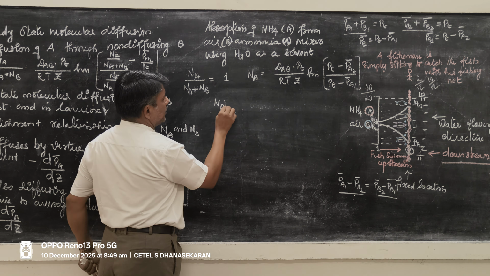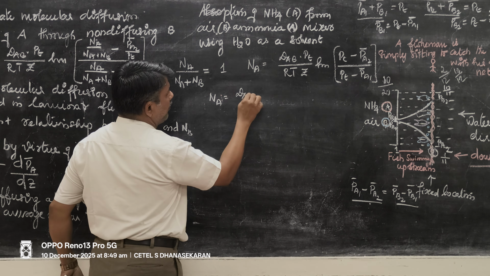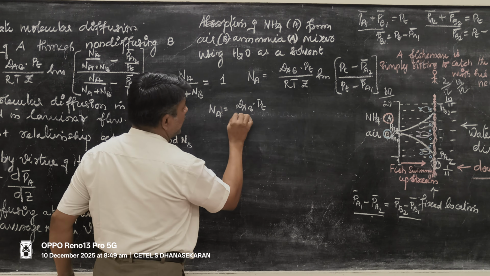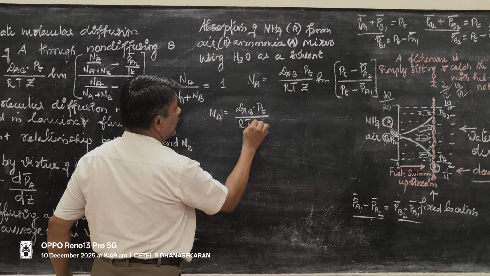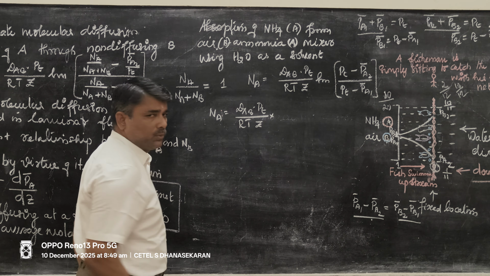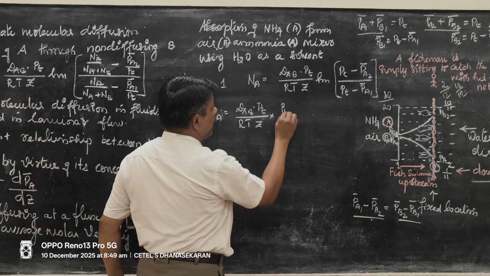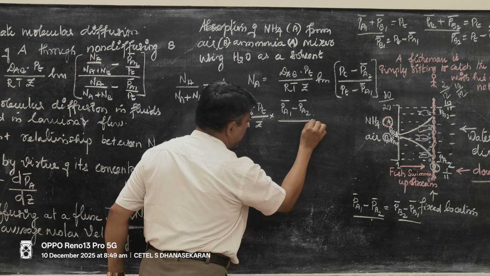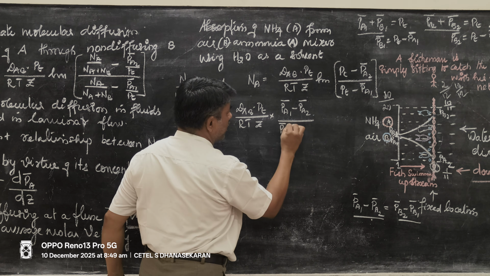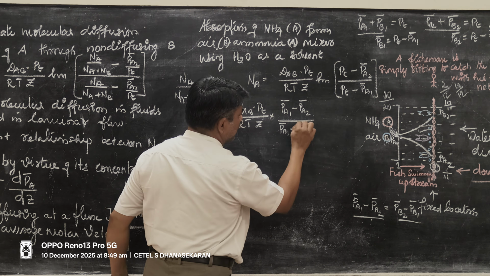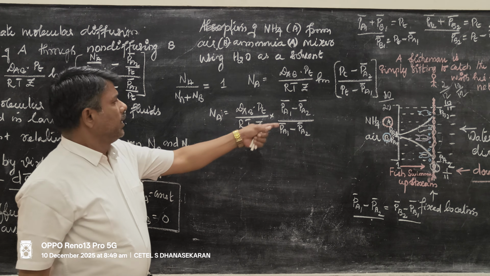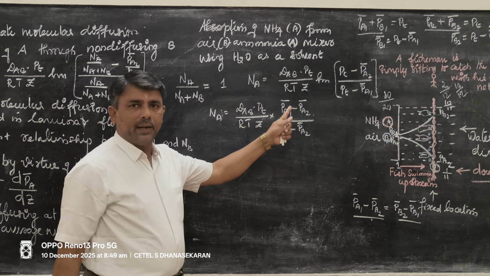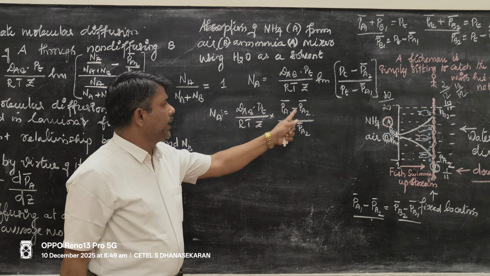NA is equal to DAB into PT divided by RTz into PA1 bar minus PA2 bar divided by again PA1 bar minus PA2 bar. This is other multiply and divided by PA1 bar minus PA2 bar.